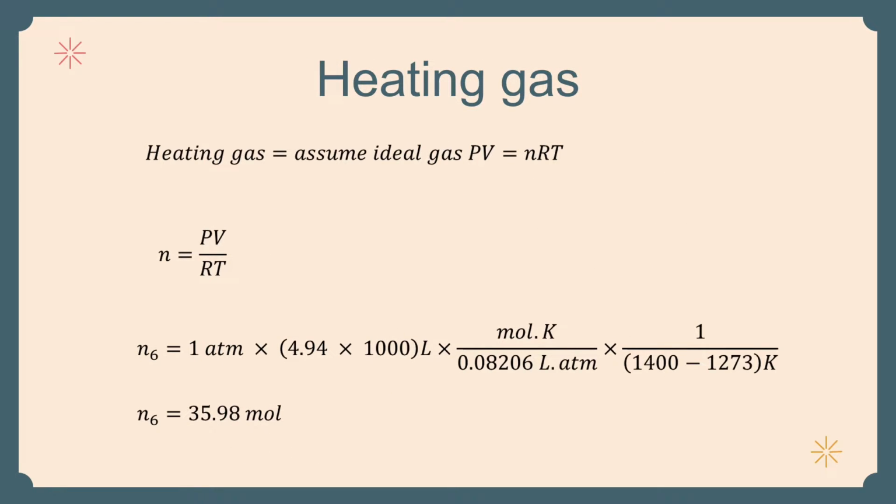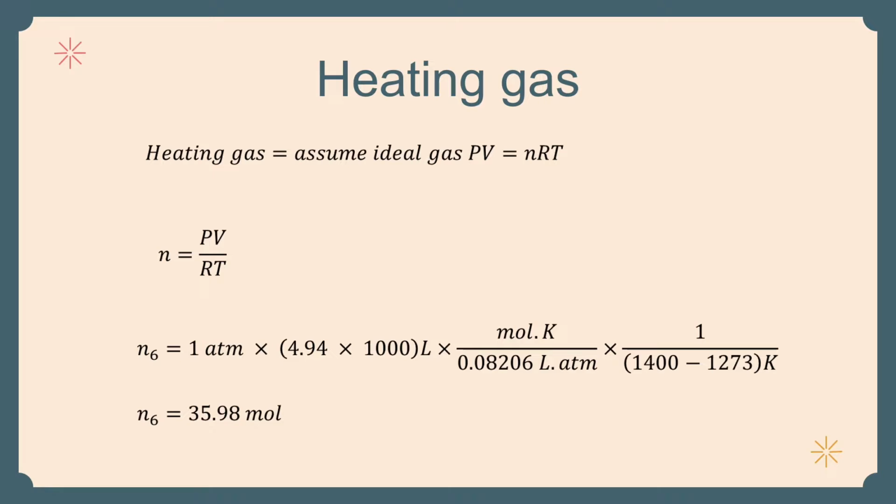This is for the heating gas equation. As mentioned in the DOF analysis, we have 1 more additional equation that can be used to solve all the unknowns. For the heating gas, we assume ideal gas, so we use the formula PV equals nRT. So N equals PV over RT.